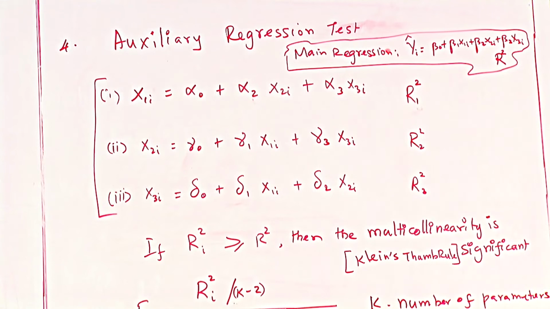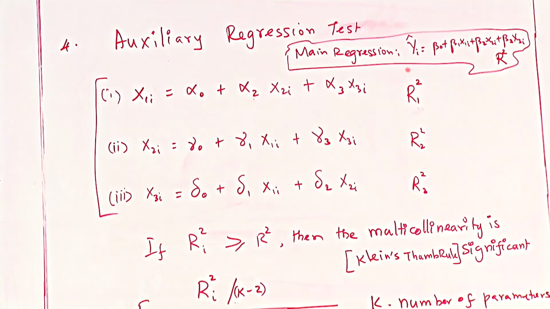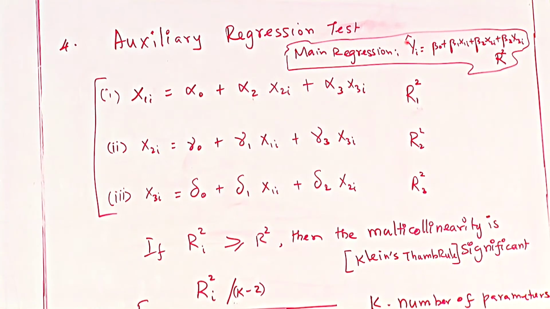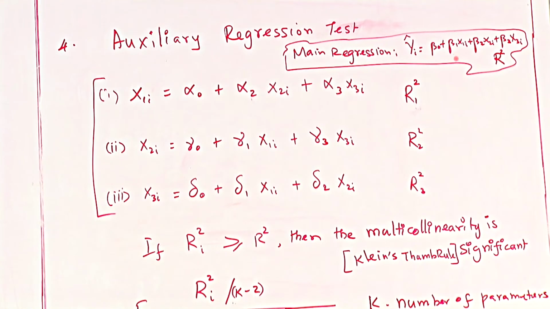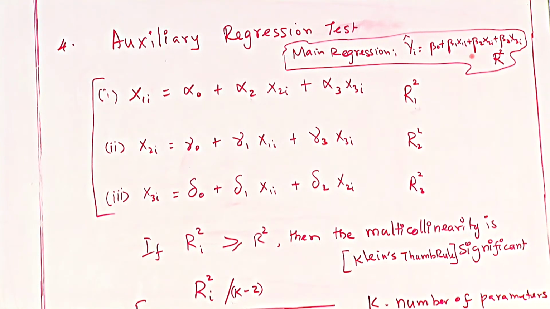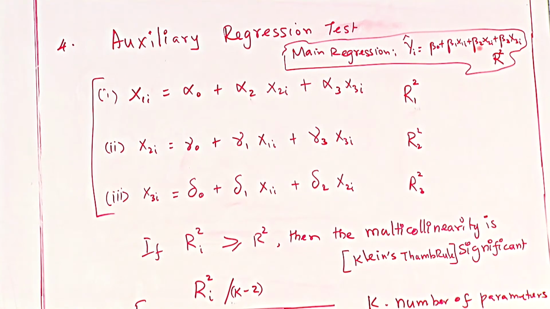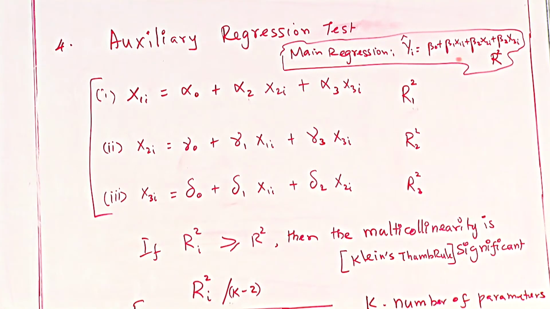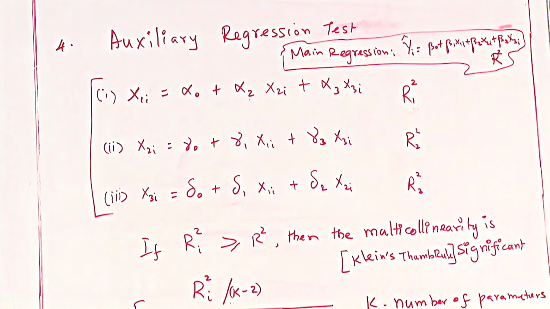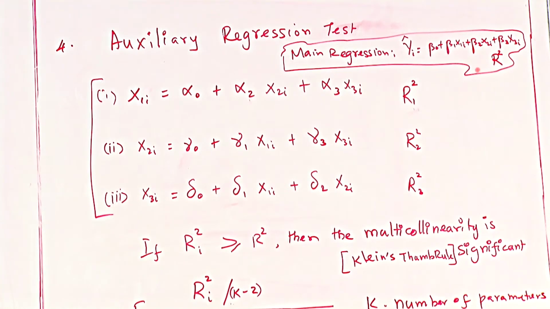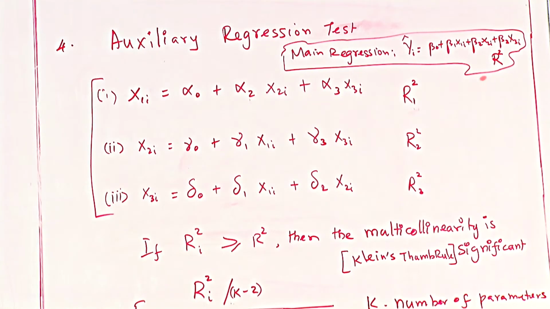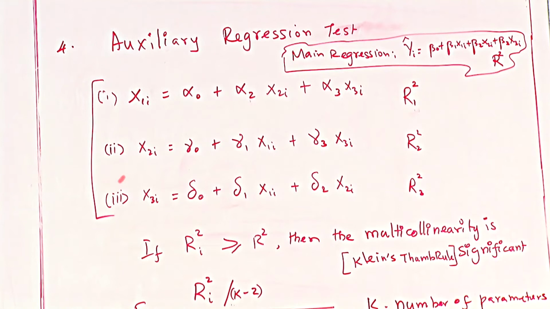Let us take the main regression as yi hat is equal to beta 0 plus beta 1 x1i plus beta 2 x2i plus beta 3 x3i. With the data we can run this regression and get the R square of the main regression.